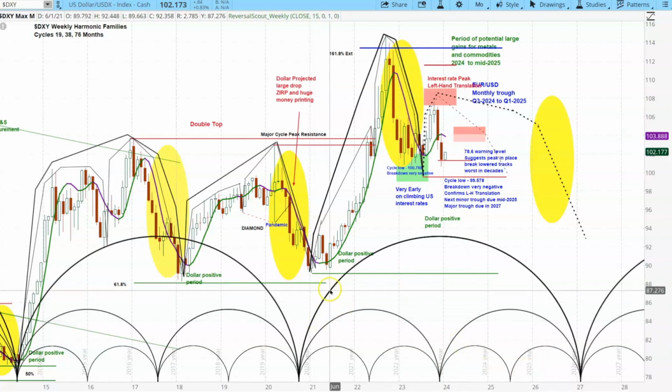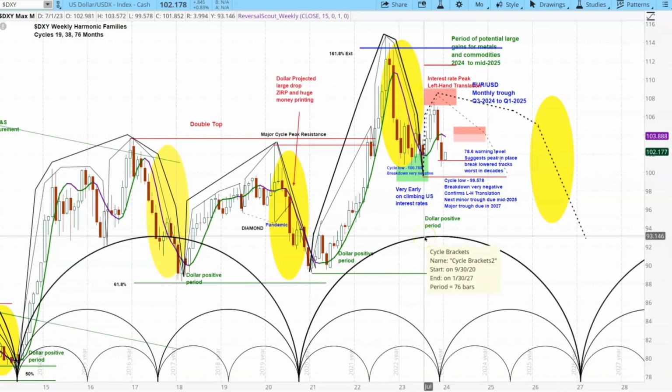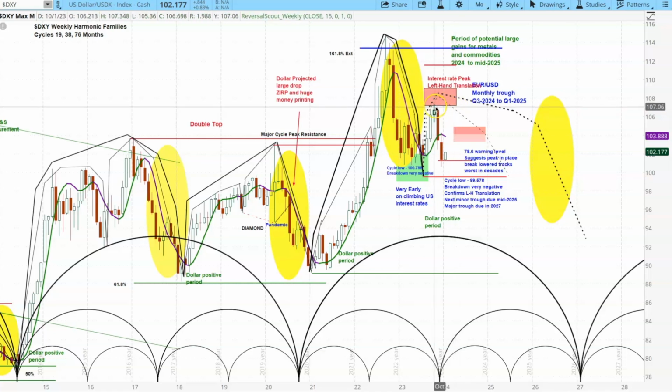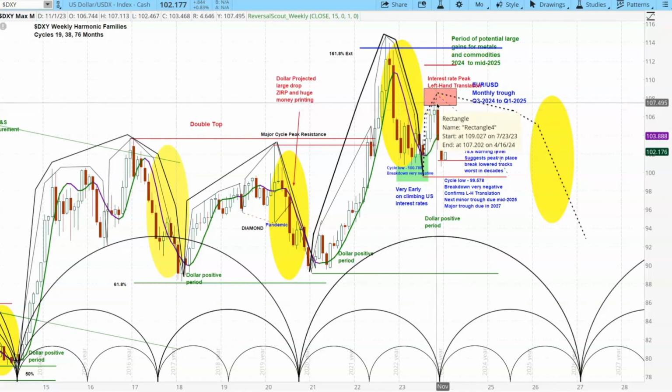Now, if that big upward energy from the dominant cycle was still pushing on the upside, it would not have failed here in this resistance. That, by the way, the top of that upside move was around 107.35. We were looking for 108 as the high for the year, so that was pretty good.